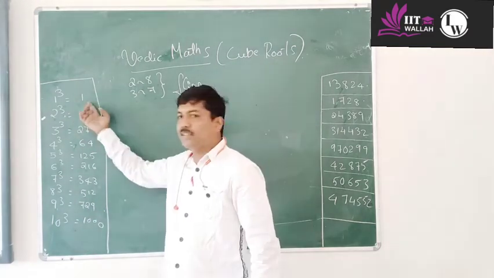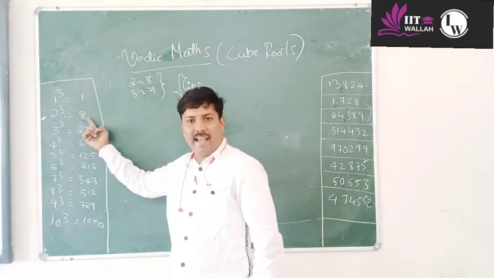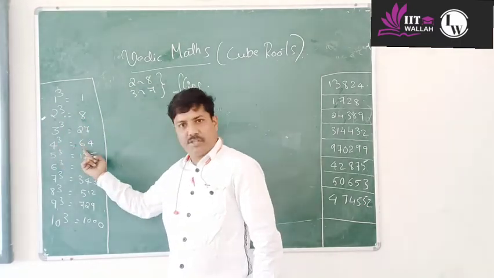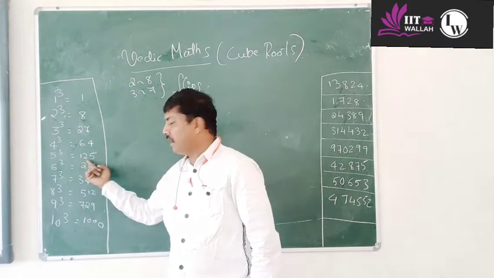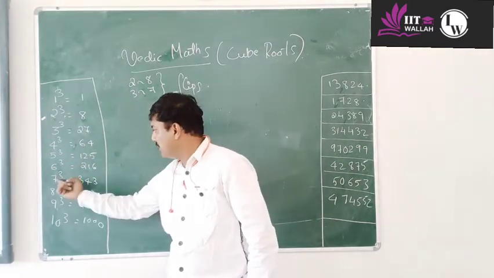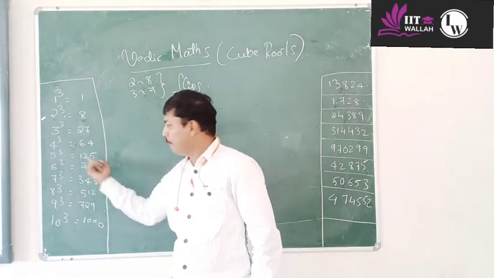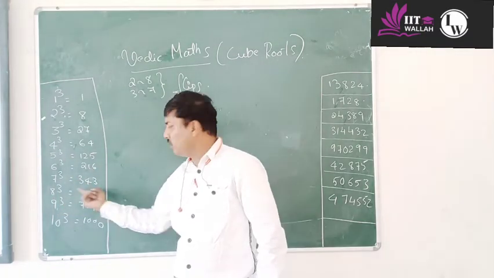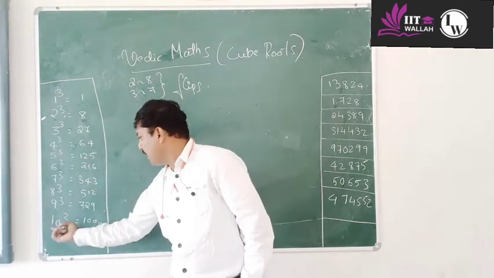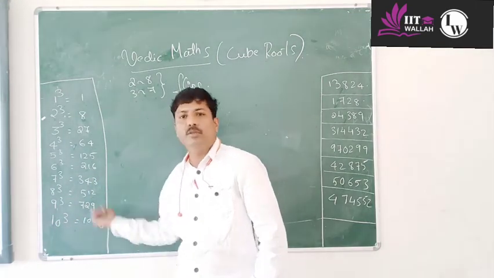That means 1 cube is 1, 2 cube is 8, 3 cube is 27, 4 cube is 64, 5 cube is 125, 6 cube is 216, 7 cube is 343, 8 cube is 512, 9 cube is 729, and 10 cube is 1000.